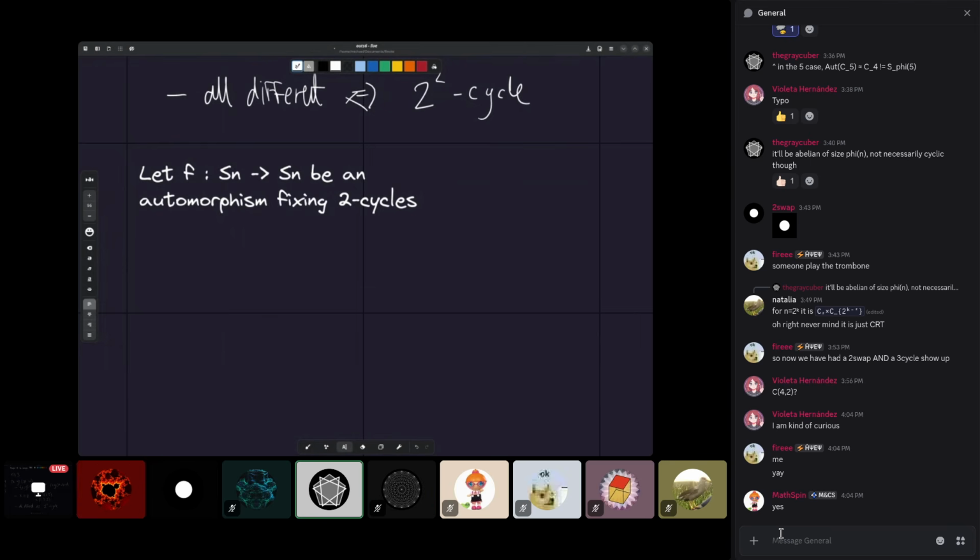Can I ask a clarifying question? You may, yes. This means that every 2 cycle goes to a 2 cycle, not necessarily that it fixes all of them. That's right. When I say fixes 2 cycles, I mean sends every 2 cycle to another 2 cycle, but not necessarily the same one.